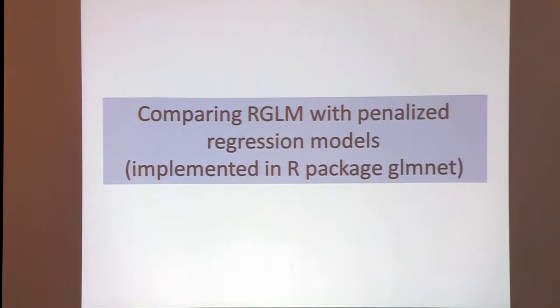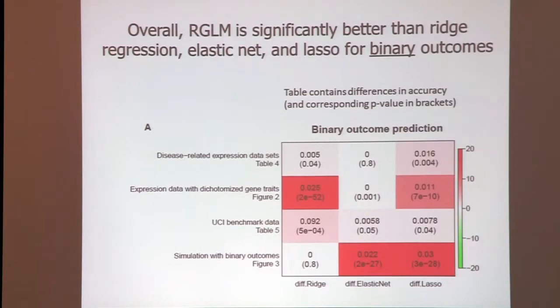I apologize, I forgot who the author is. We then compared the random GLM to the GLMNet predictions on all of the data that I mentioned: these 20 disease-related expression data sets, the 700 dichotomized gene traits, UCI benchmark data, and simulations.